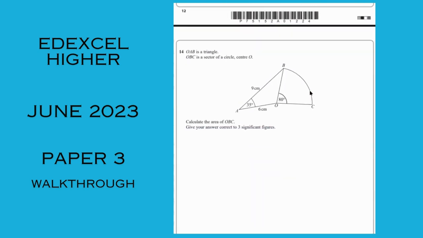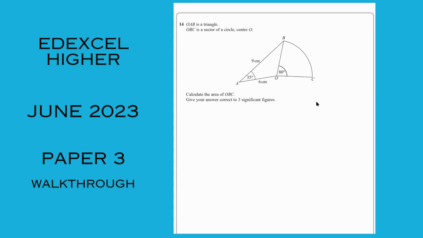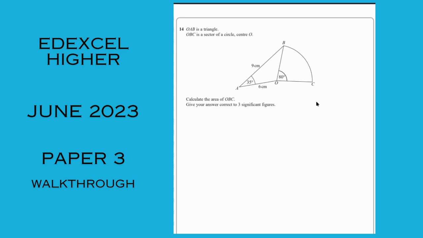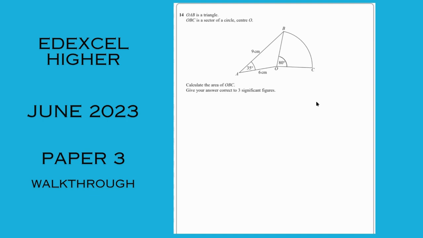On we go. So number 14, bit of a mishmash here of two shapes. Calculate the area of OBC. In other words, the sector. Now, in order to work out the area of the sector would be pi times the radius squared times by the angle out of 360. So there's your logic.